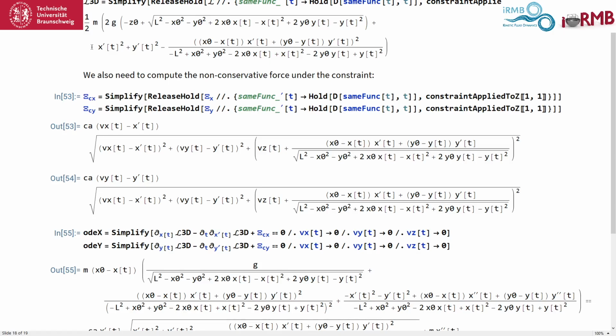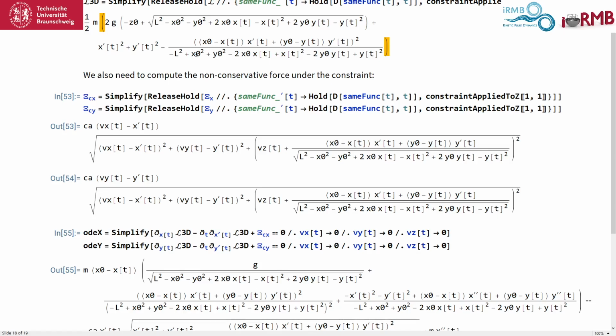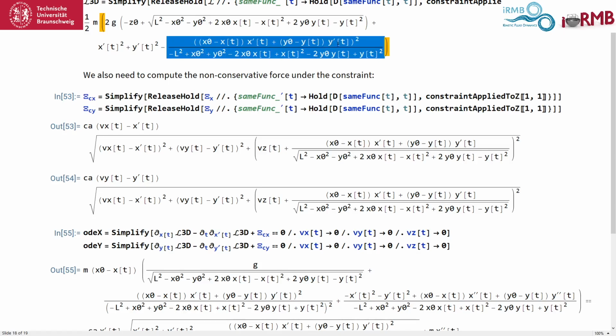Velocity in x and velocity in y are still there. This here is the potential energy, right? So in the potential energy, z gets replaced by this, and in the kinetic energy, z dash gets replaced by this. Everything automatic.